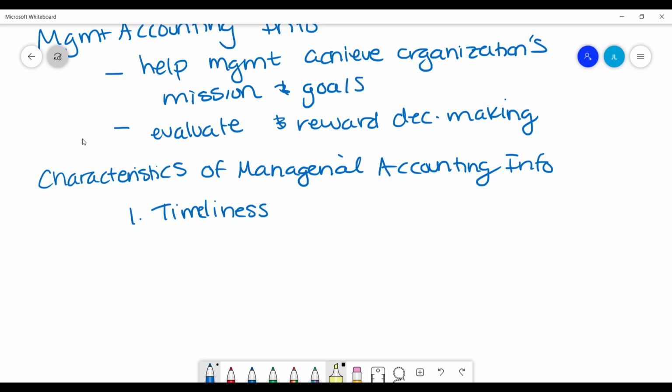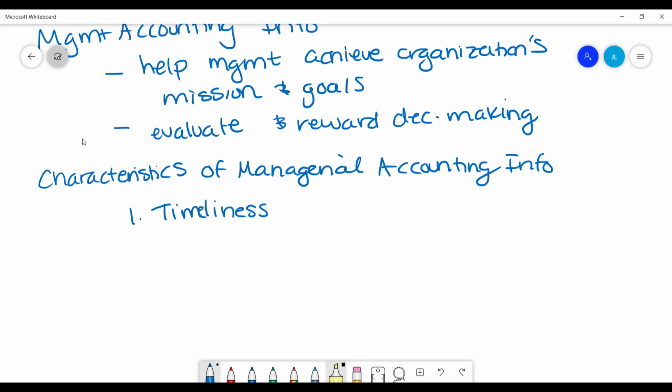If a manager finds out, for example, that sales are down, right? Or that a certain product's costs are way too high this last quarter. If they receive that information 6 months too late, what use is that information? Then it's basically useless. They can't do anything about that since it's been received so late. So managerial accounting information has to be timely and received on time.